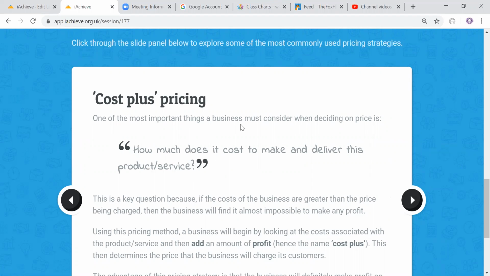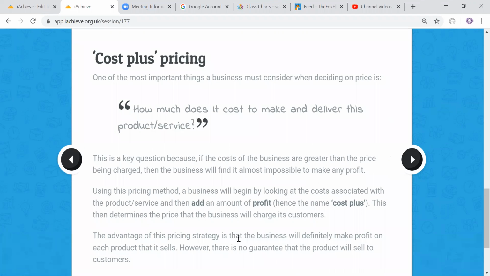One of the most important things a business must consider when deciding on its price is how much it costs to make the product or service. Using this pricing method, a business will begin by looking at the costs associated with the product or service and then add the amount of profit, hence the name cost plus, that it wishes to make.